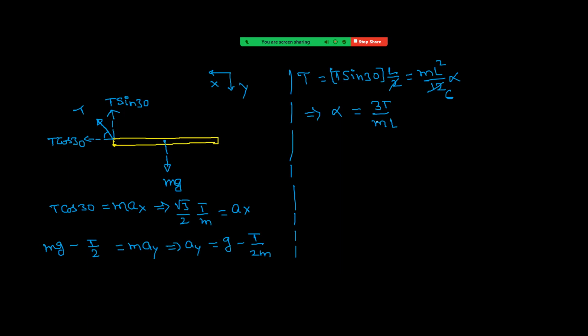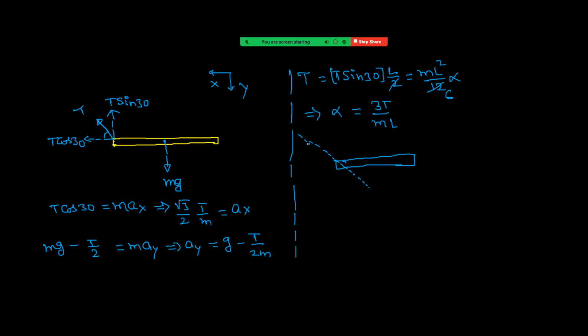Okay. Right. Now coming to here. For this point, along the string length, there is no acceleration. So I'm making the diagram once again here. For this point, along the string length, there is no acceleration.